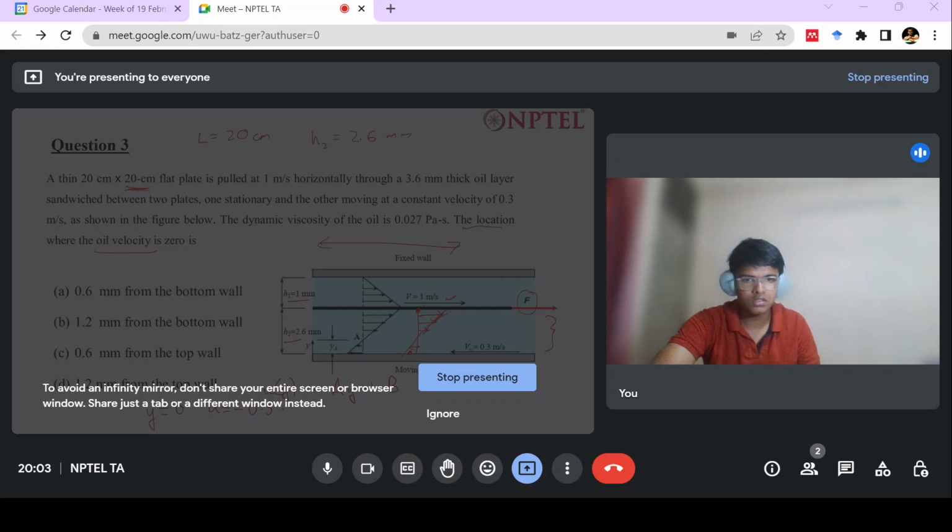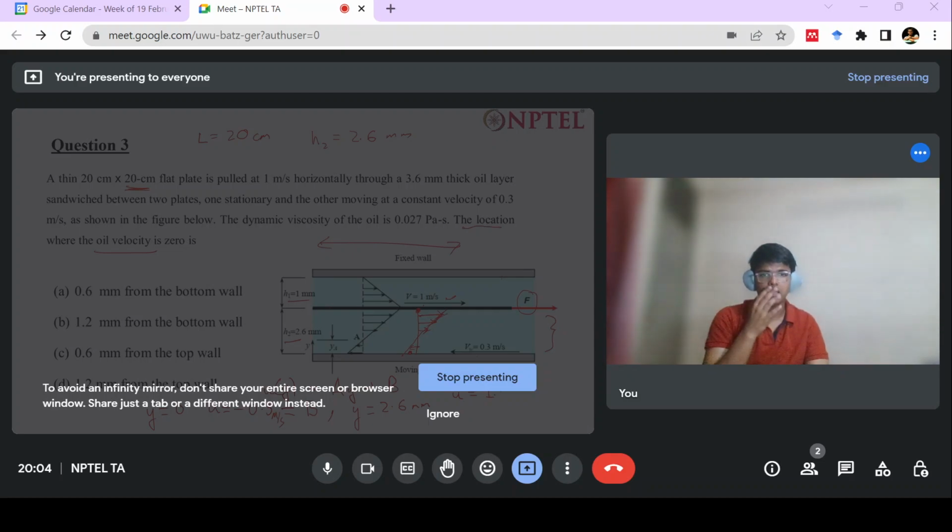So y is 0, and I have got the value of b. I also know that when y is 2.6 millimeters, u is 1 meter per second. I'll keep the unit as millimeter only.